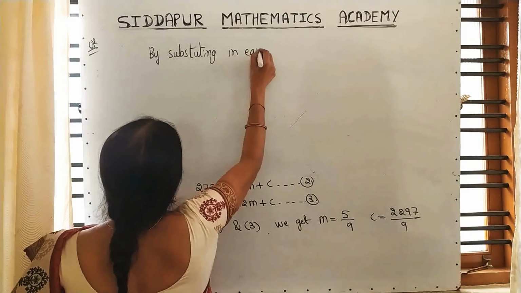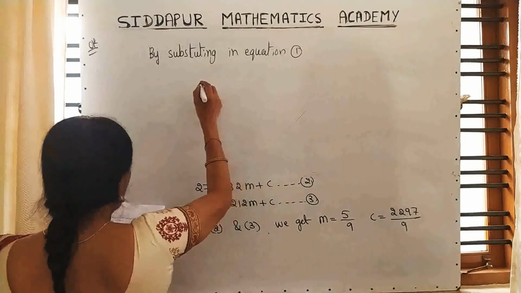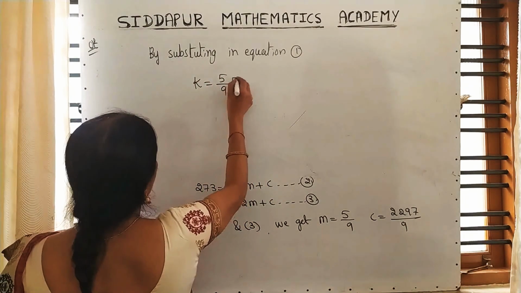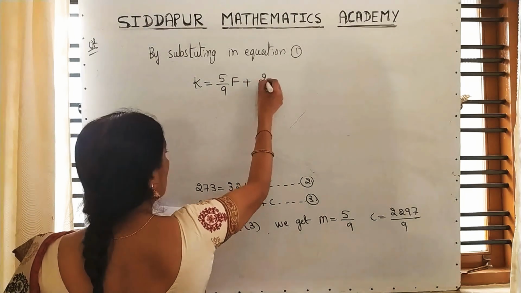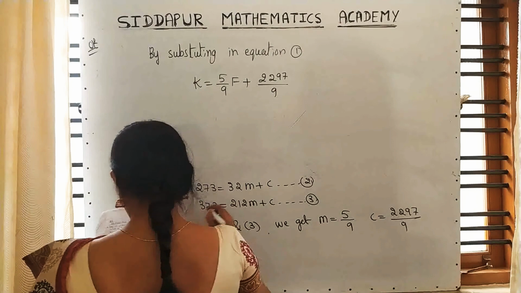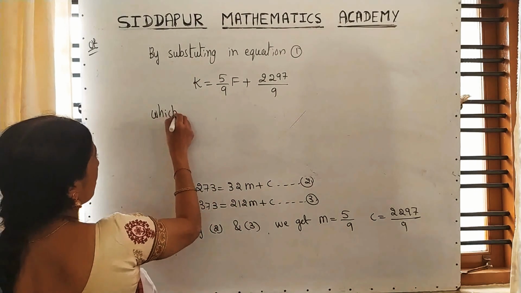So equation 1, already you are familiar: K is equal to 5 by 9 F plus 2297 divided by 9. And this is a required relation.